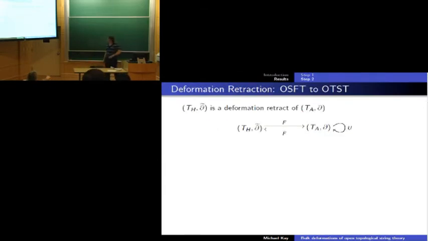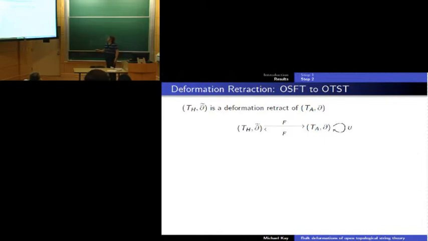Okay, now in the last few minutes, I will talk about the latter part, so how to map off-shell to on-shell. And this is completely general for any topological string theory.